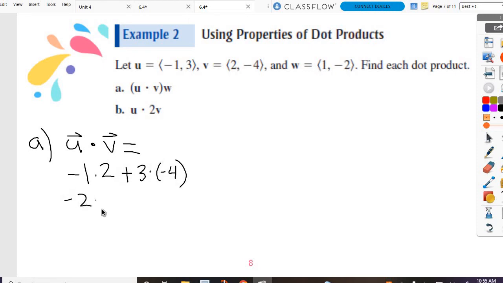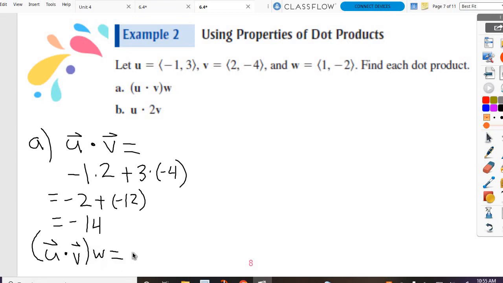So we get -2 plus -12, which is -14. So then if I want to find U dot V times W, now I just have -14 times W.